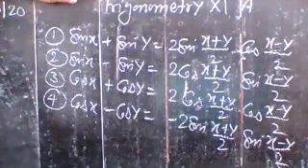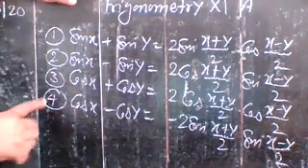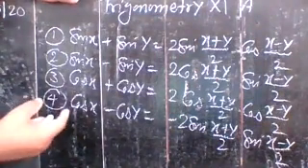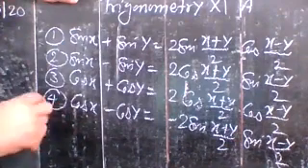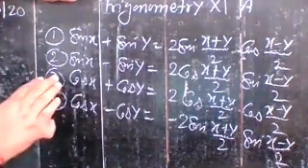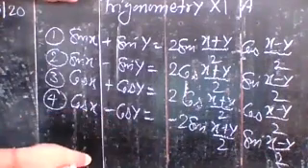So here you have four identities which help you convert any function which is in the form of sum or difference, so it can be expressed in the form of product.